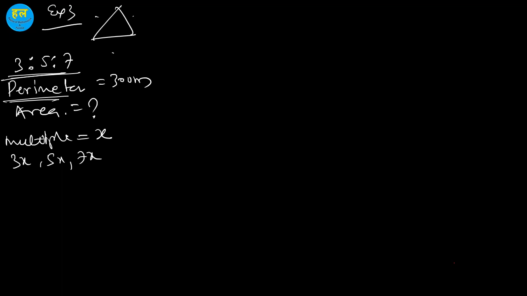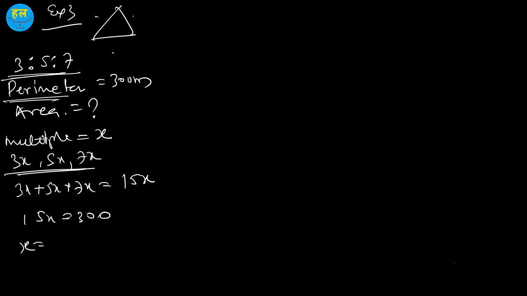Okay, so the perimeter of this triangle will be 3x plus 5x plus 7x is equal to 15x, and this 15x is equal to 300. This is given, so x is equal to 300 divided by 15 is equal to 20.